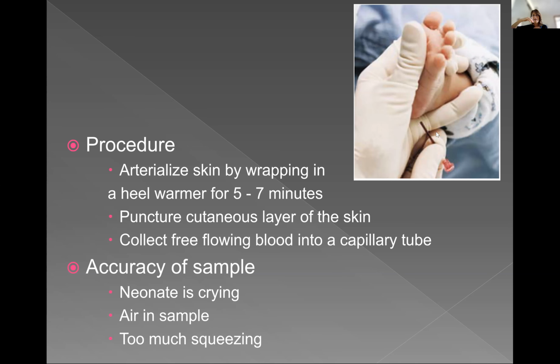So you get a little blood, an air bubble, a little blood, and you can't have any air bubbles in a capillary tube or it's going to mess up the machine. And then you have to put it through a cleansing to try to get rid of all the air bubbles. So you can't put any air bubbles in the capillary tube. And the way to avoid that is to have the capillary tube angled upward a little bit. Blood will get drawn into the tube, but not air.